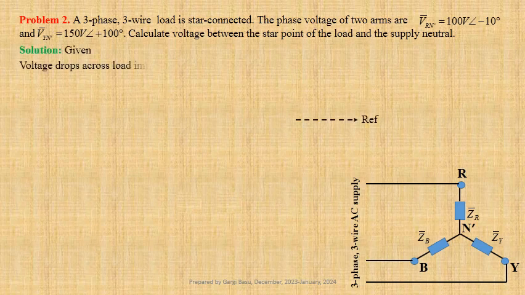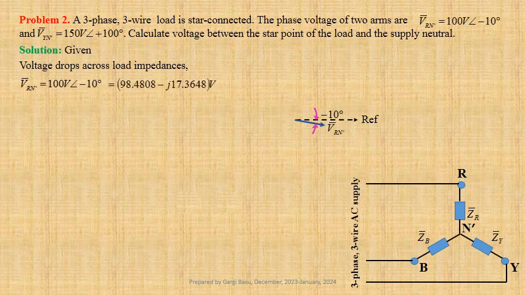Voltage drops across load impedances Vrn dash equals 100 volts at an angle minus 10 degree. This may be written in Cartesian form as 98.4808 minus j times 17.3648 volt, and Vyn dash equals 150 volts at an angle plus 100 degree.